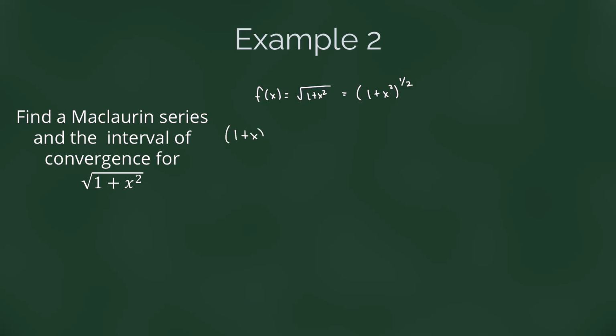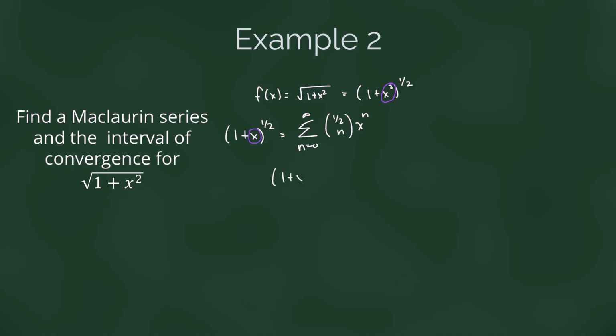We know that (1 plus x) to the 1/2 is going to be the sum from n equals 0 to infinity of 1/2 choose n times x to the n. And the big difference here is that we're replacing x with x squared. So we know that we could do the same thing within the series formula.